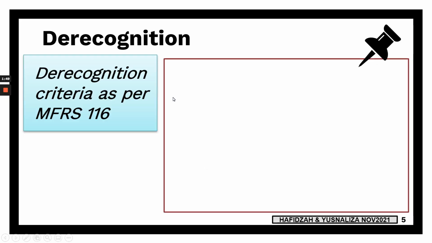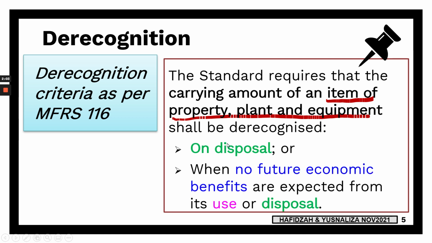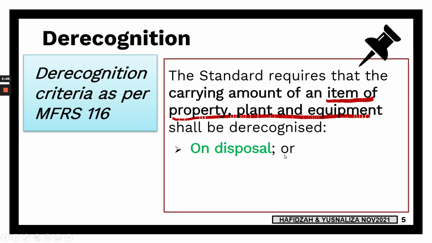Under MFRS 116, there are derecognition criteria, which require that the carrying amount of an entity's item of PPE shall be derecognized in two situations. The first one is on disposal. This could happen where you sell the asset, or perhaps when you donate the asset to another entity.